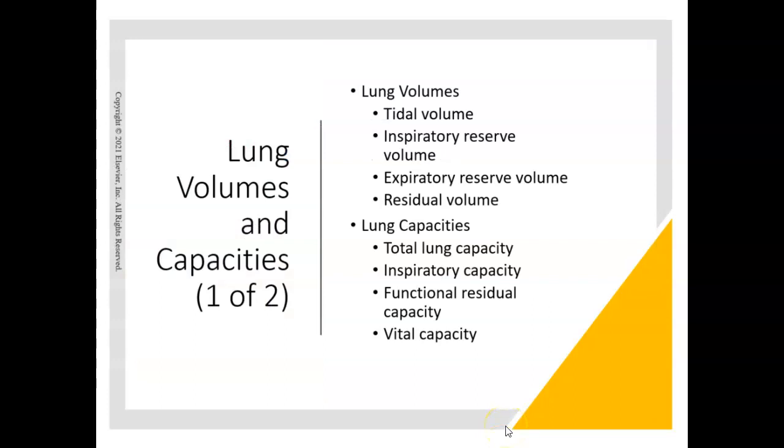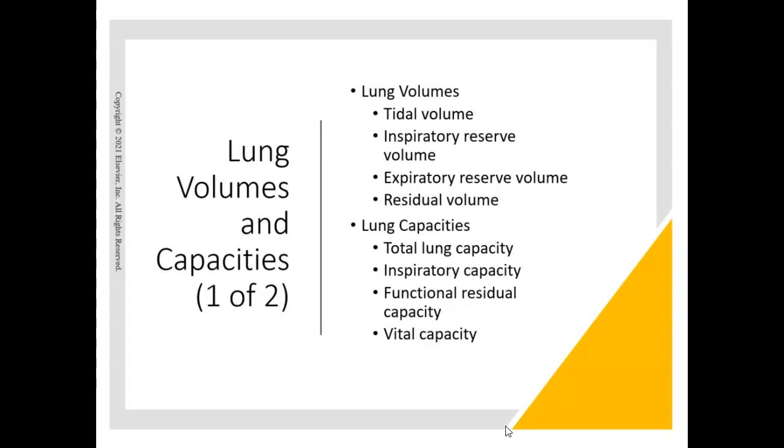Your 4 lung volumes are going to be your tidal volume, your inspiratory reserve volume, your expiratory reserve volume, and your residual volume. Okay, so your tidal volume is the total amount of air that you get in and out of your lungs with a normal respiration, right? So that's your tidal volume. Your inspiratory reserve volume is the maximum amount of air you can breathe in above your tidal volume.